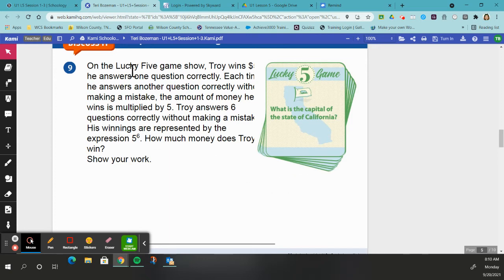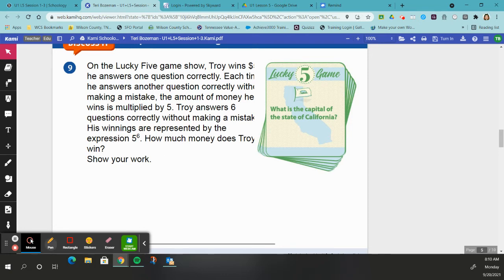So number 9 on the Lucky 5 game show, Troy wins $5 for each question he answers when he answers one question correctly. Each time he answers another question correctly without making a mistake, the amount of money he wins is multiplied by 5. Troy answers 6 questions correctly without making a mistake.